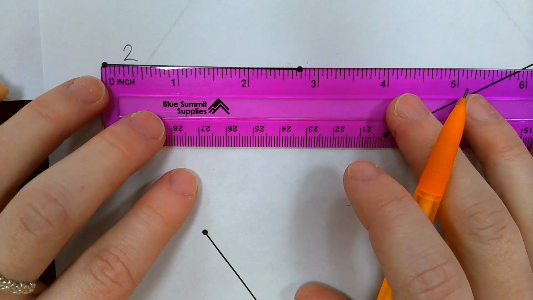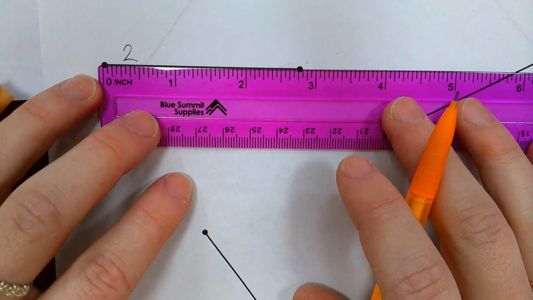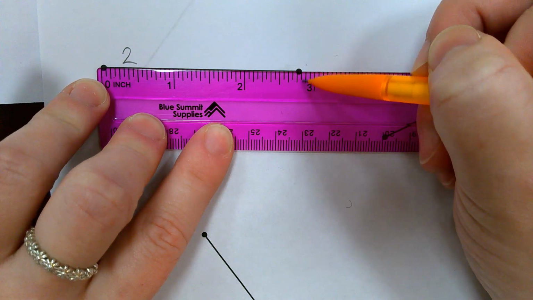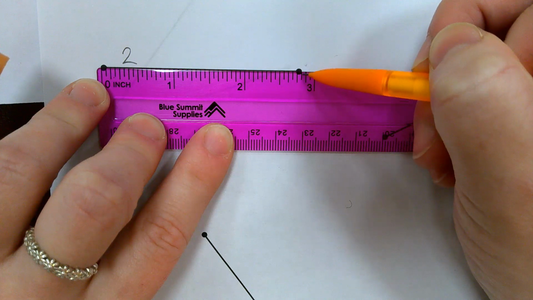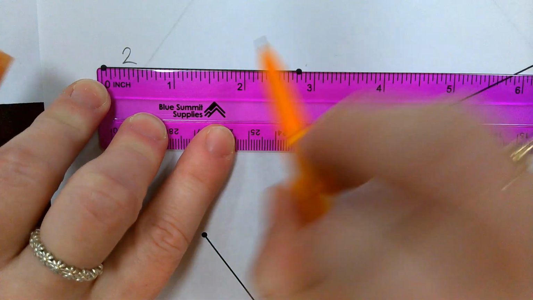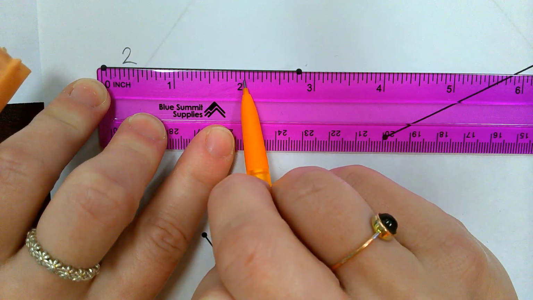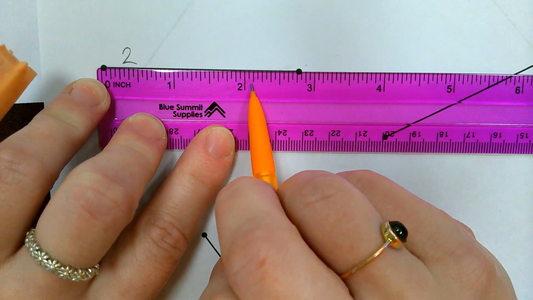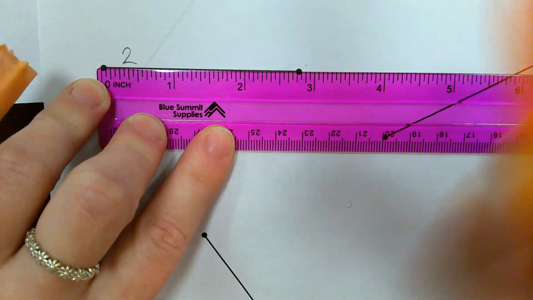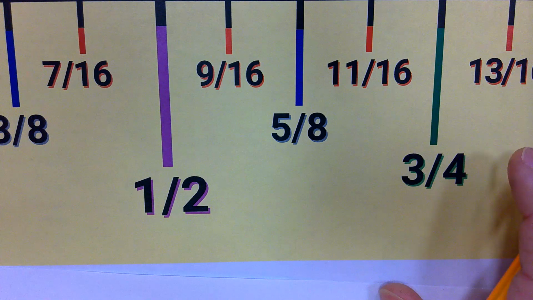Okay, so I've got my line right there, and it looks like this line right here is my stopping point. Does everybody see that? If we start at 2, in between 2 and 3, this is my halfway point. Let's look at our giant inch. There's the halfway point.